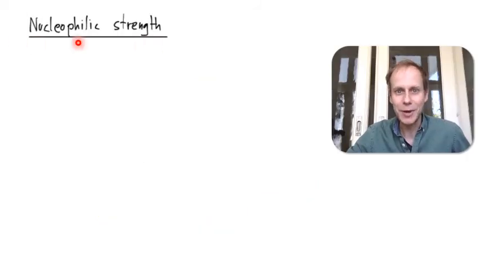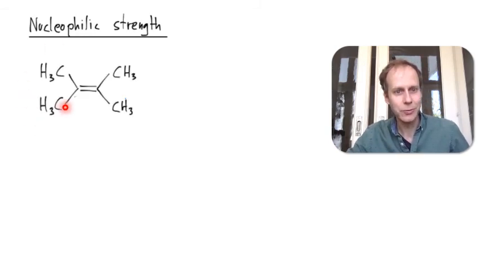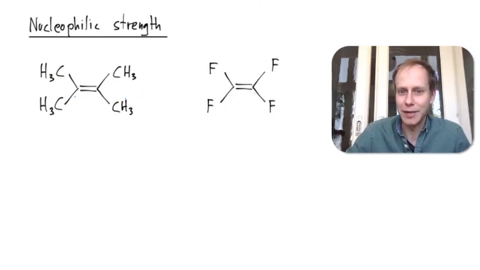So what determines the nucleophilic strength of an alkene or alkyne? So here's a typical alkene with 4 methyl groups, and as a comparison I have here a fluoroalkene with 4 fluorine groups at the side.